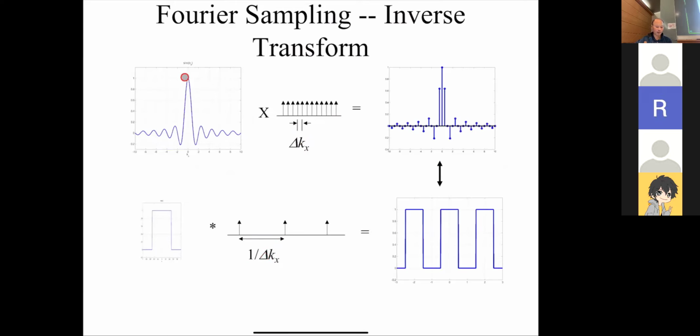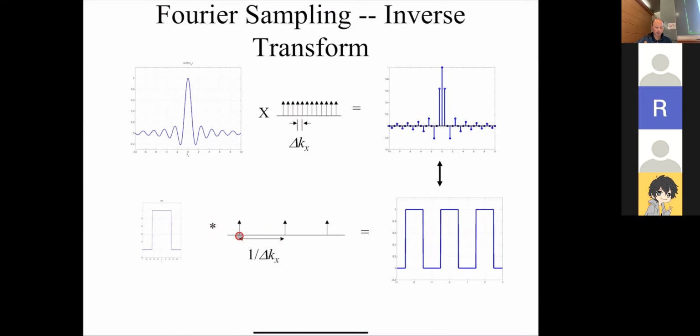The other thing to remember is this is the ideal sinc waveform. Sampling is I multiply that waveform by this comb function to give me my samples. But from the convolution theorem, the multiplication becomes convolution: convolving my object with the inverse transform of the comb function, which has spacing of 1 over delta kx.